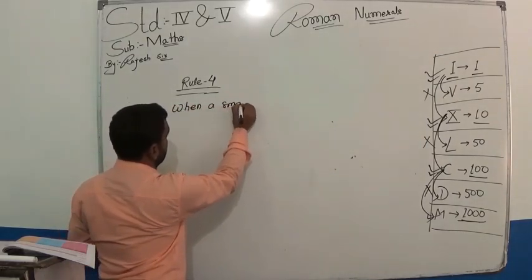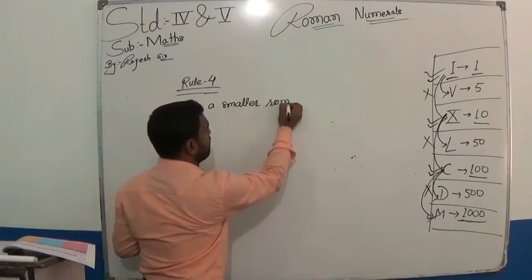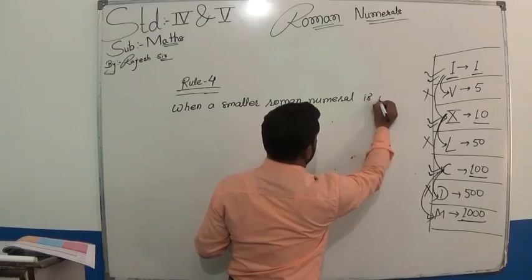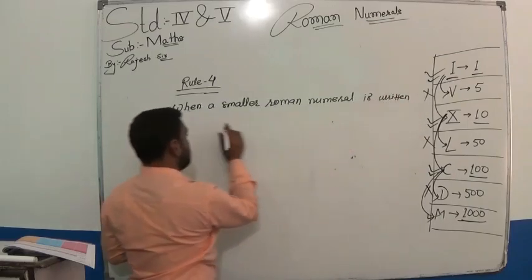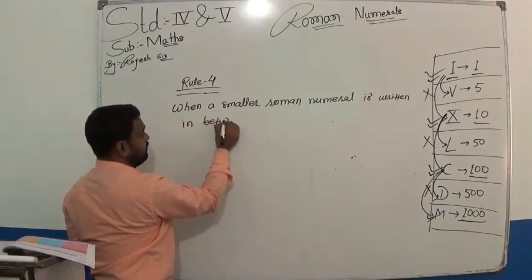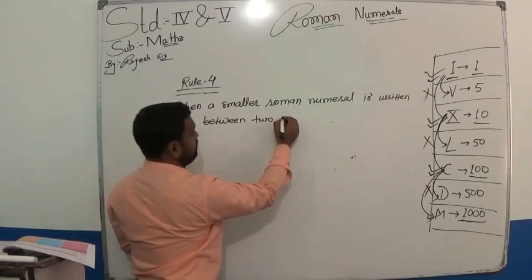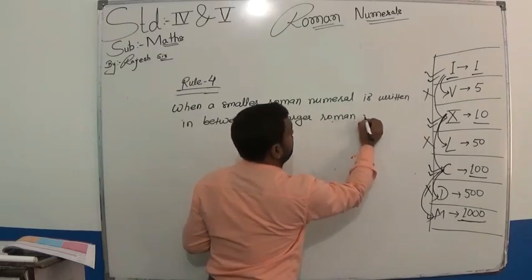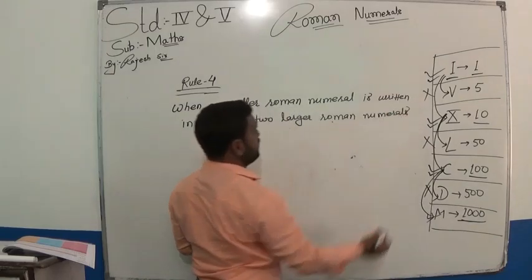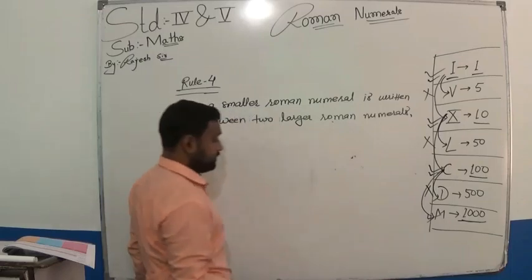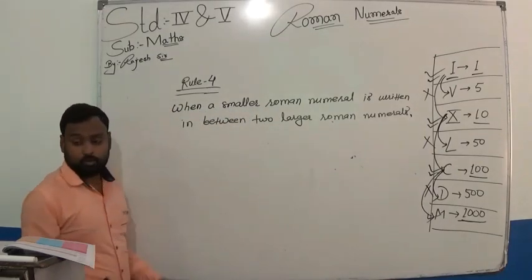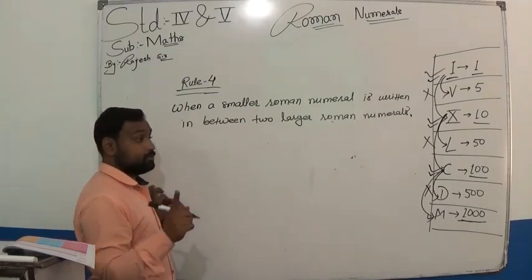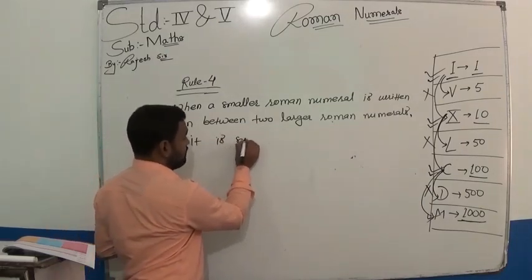When a smaller Roman numeral is written in between two larger Roman numerals, what happens?